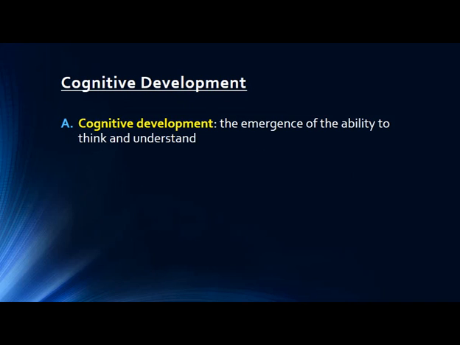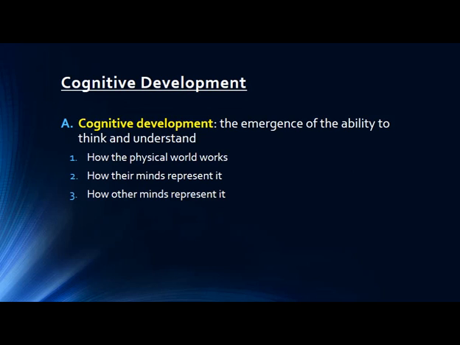Cognitive development: we get the emergence of the ability to think and understand how the physical world works, think about how their minds represent it, how other minds represent it. These are the directions in which we start to think about how cognitive development proceeds.